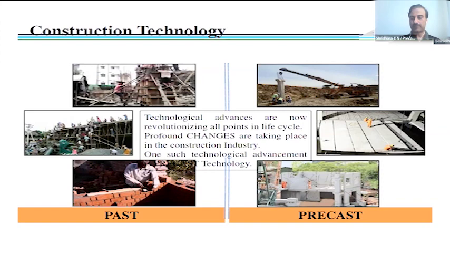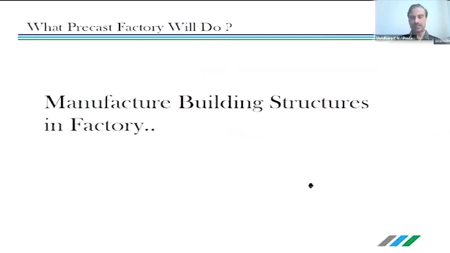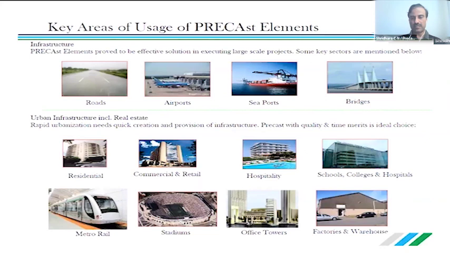Precast is made in a factory, not at site, and we can use the precast elements in seaports, bridges, residential, commercial, hospitals, schools, even metros, stadiums, office towers, and factories. All the sectors where we are constructing at present using other technology, precast can be adopted without any hindrances.